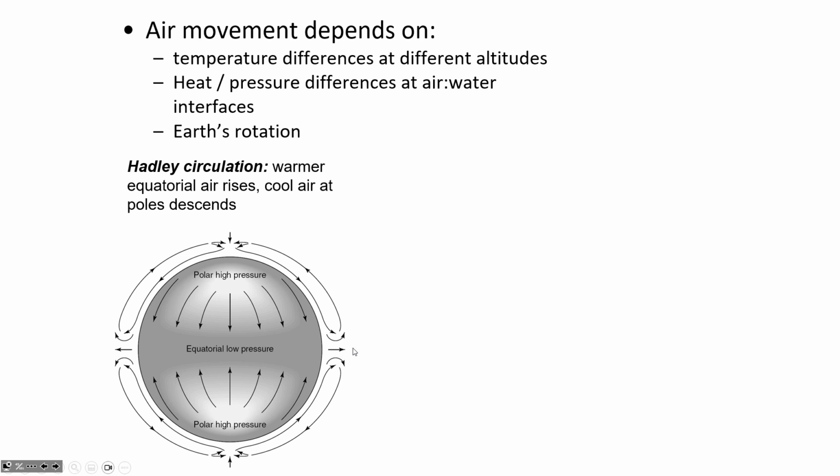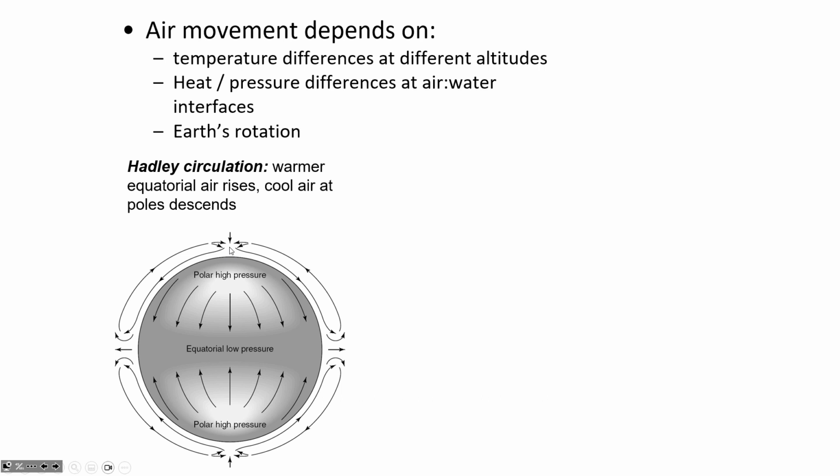That's just implying that the air is rising at the equator and falling at the poles. And what that does is it sets up what you can think of as a belt.